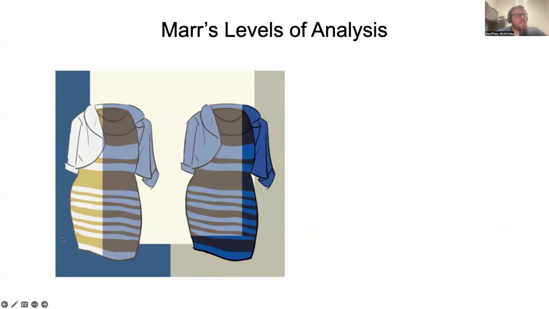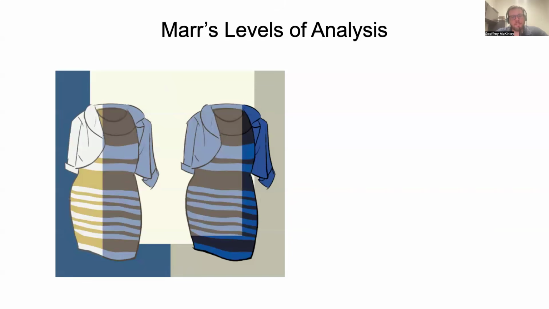So the light is blue, and when it hits the dress, you perceive the dress as gold and white. Whereas if one assumes that the light is more artificial, right, so more yellowish, then over here, they might perceive the dress as being blue and black.